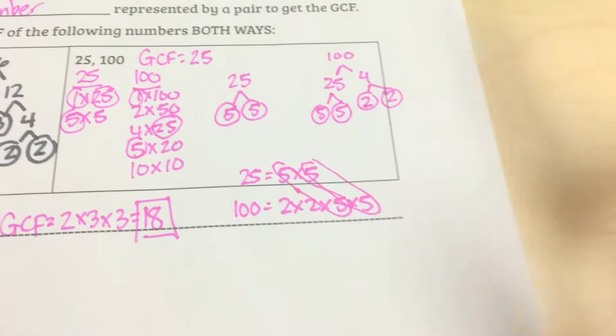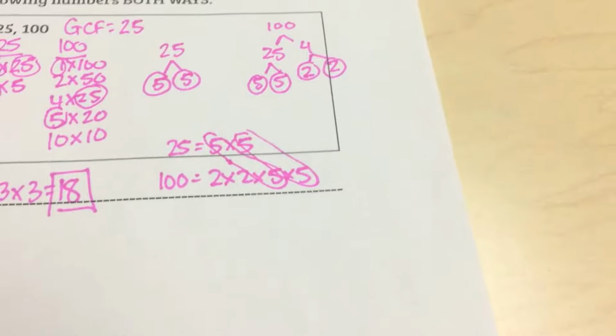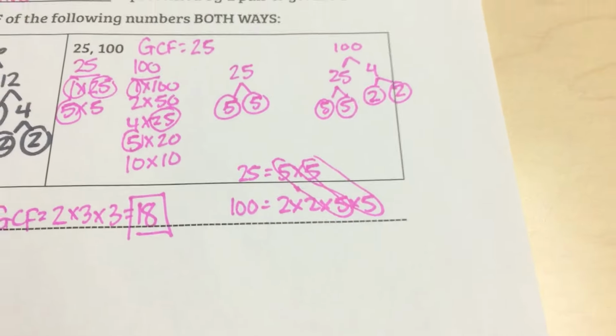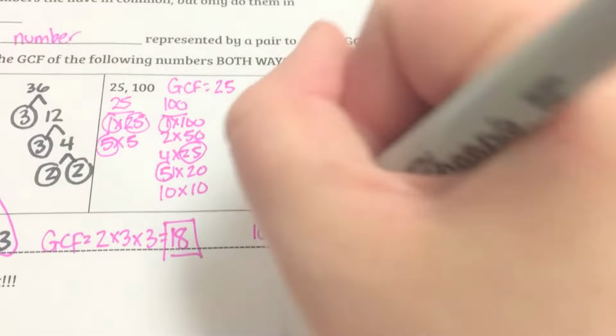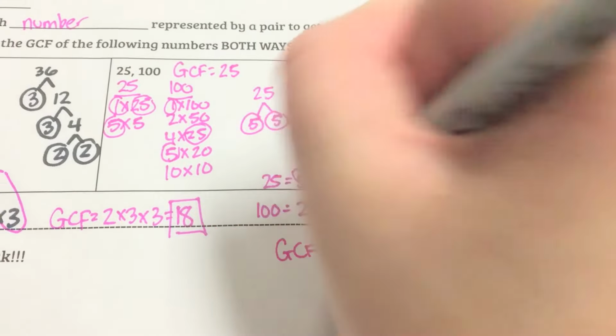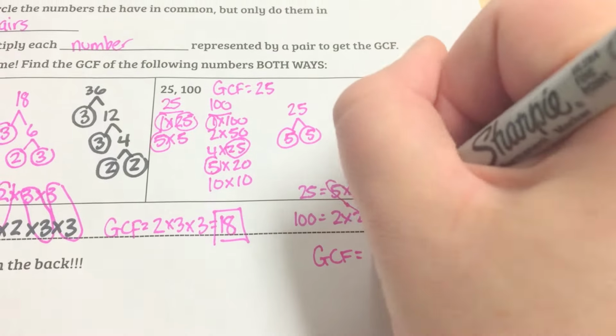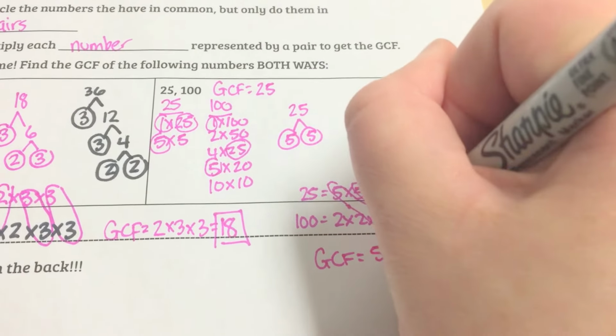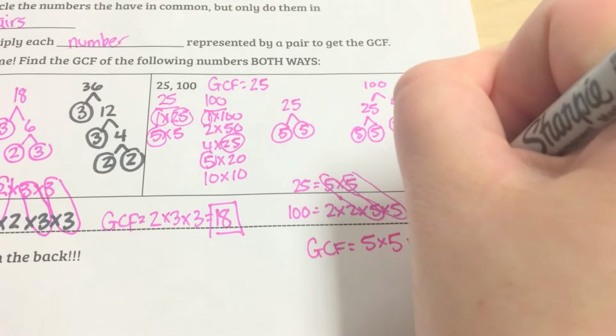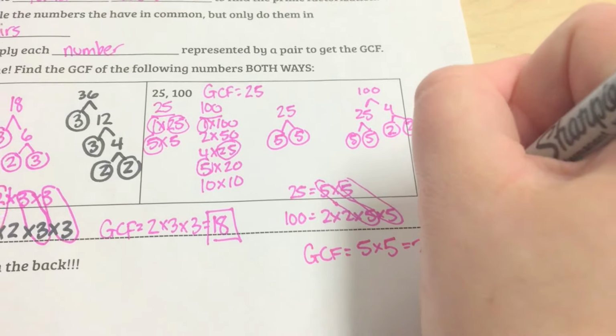In order to have it in common, I'd have to have one at the top and one at the bottom, which I do not. So these 2 5s are my only pairs that they have in common. So now I'm going to use that to find my GCF. My GCF is going to be one of these 5s times one of these 5s, which equals 25.